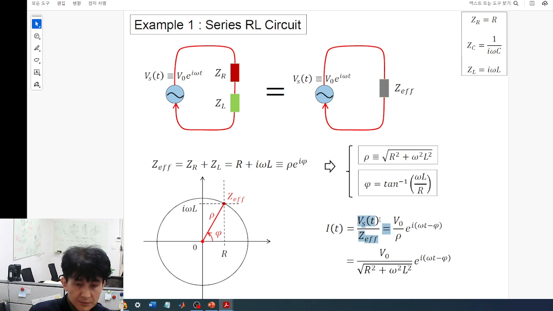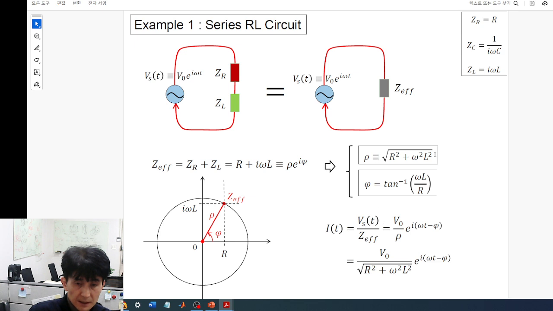So as Vs is given with V0 exponential i omega t, and Z effective is given with this number, if I divide the voltage by Z effective, we have V0 over rho exponential i omega t minus phi, because this is exponential i phi, but we should divide that, so we have minus phi.